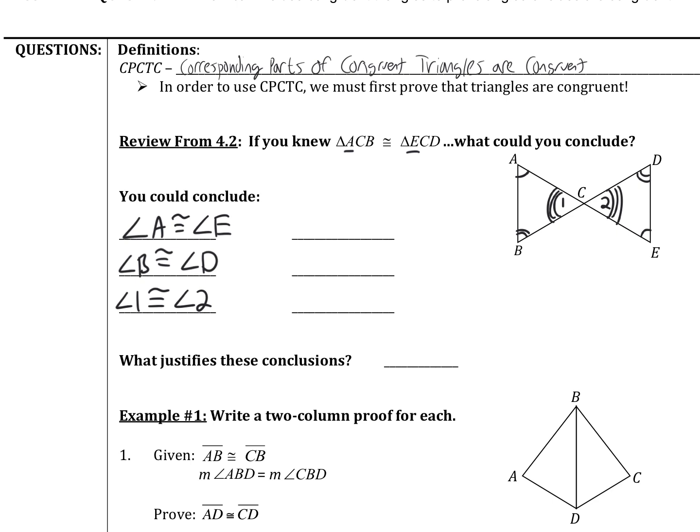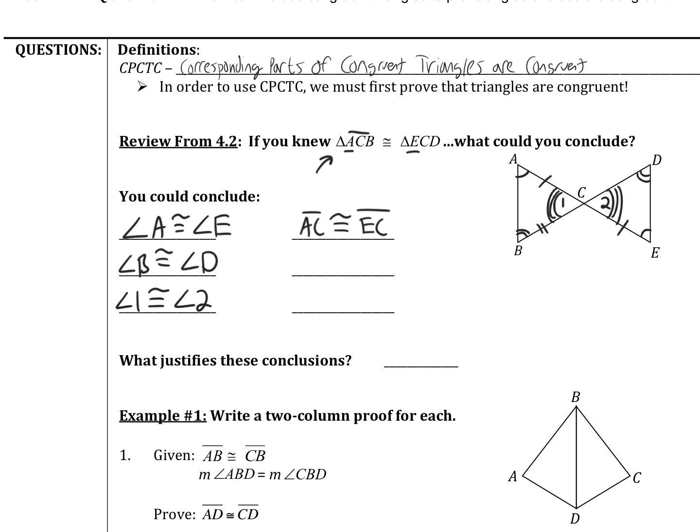Now, which sides are going to match here? Well, looks like we have AC. AC should match with EC. Okay, so AC and EC. And remember, the congruence statement up here is really helpful to figure out what matches here, okay? We have AC and EC.